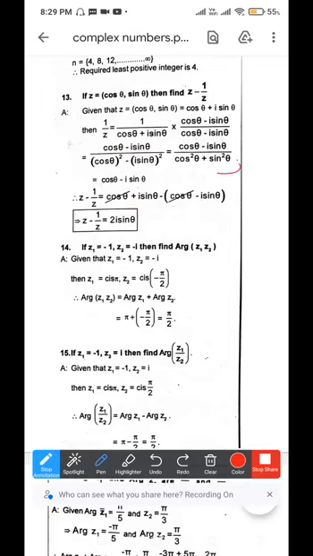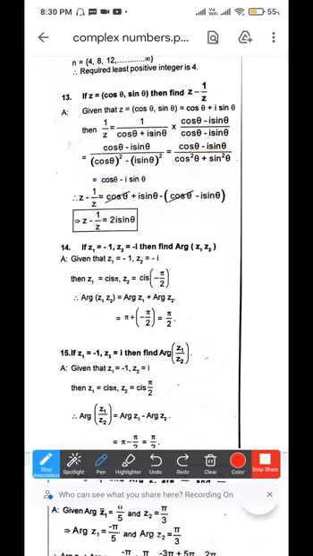So the denominator will be cos square plus sine square. What is cos square theta plus sine square theta? It is equal to 1. And what is left in the numerator? Cos theta minus i sine theta.